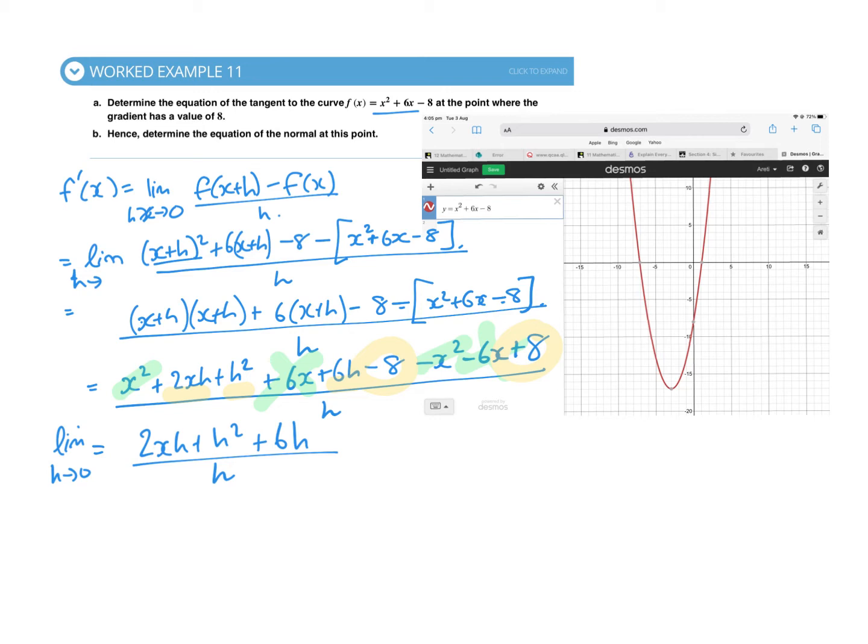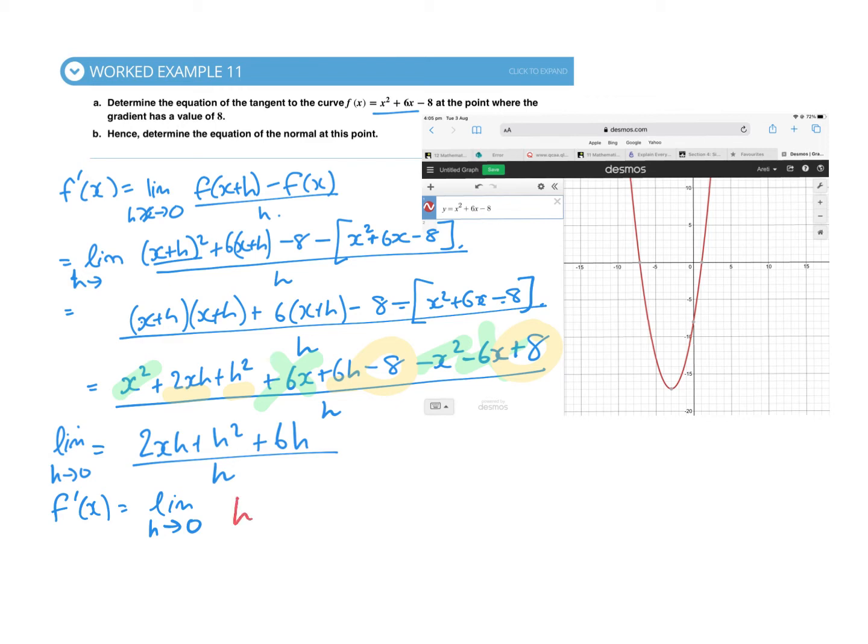approaches 0. We can't just stick 0 for h in the bottom line because we can't divide by 0, but we can factorize the top line. So this differential, f dash of x, I'm just going to write it with full working for you, f dash of x is worked out by the limit as h approaches 0. So as we get rid of that little triangle to get it on the tangent, on the point of any point of this equation. And what I can see in common is there's an h in every term in the top line, so I can factorize that out.